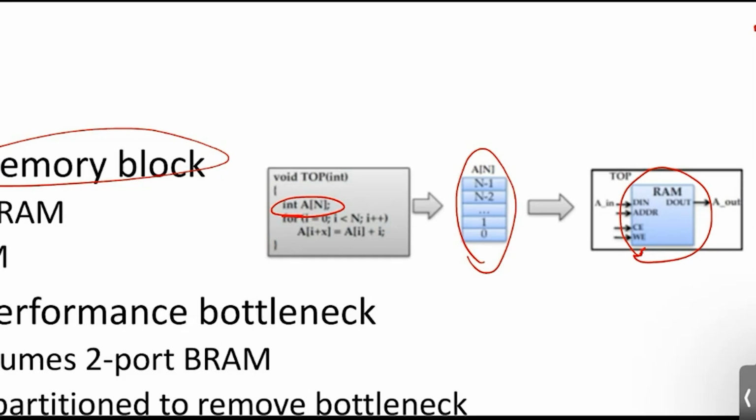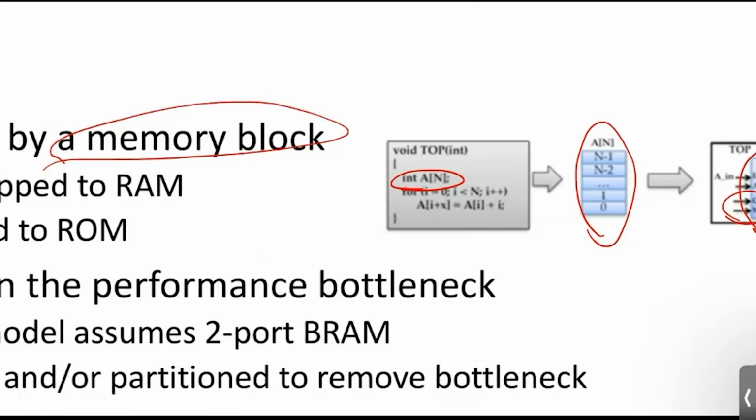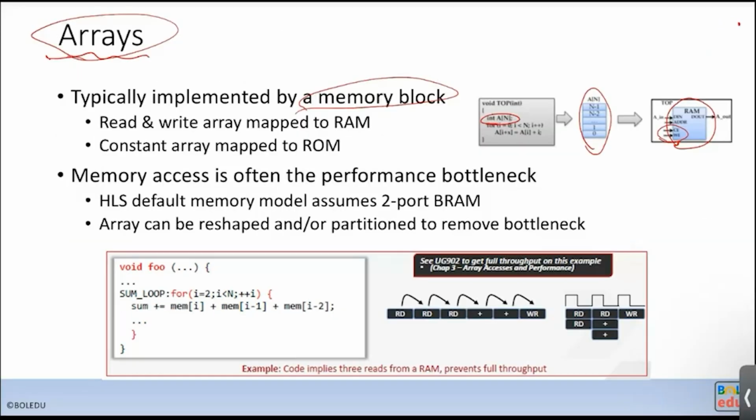The RAM needs an interface, and the HLS compiler will generate all the interface control signals for you. So an array is mostly implemented by a memory block.